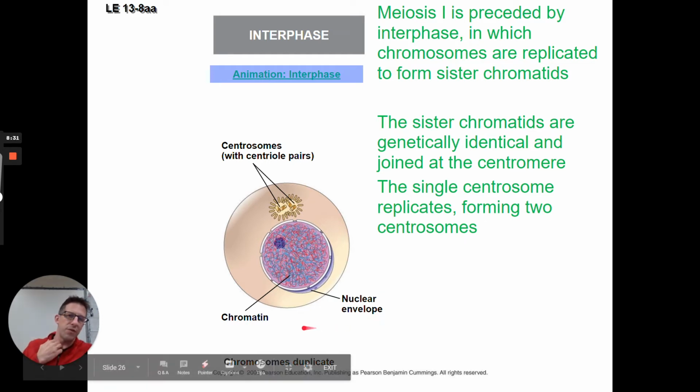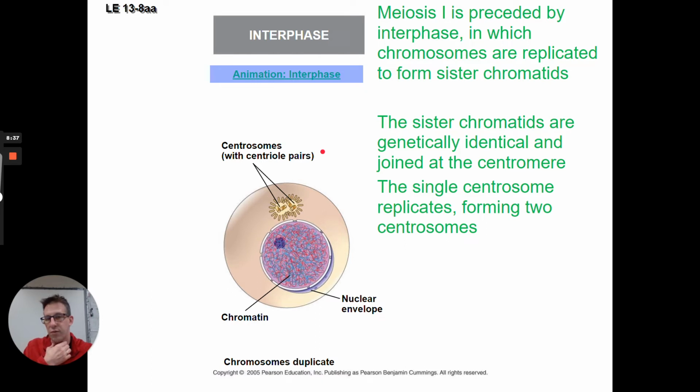The first thing we see is that the cells that are going to undergo meiosis go through interphase the same as any other cell, and during interphase they replicate their chromosomes, and so that's actually what's happened in this particular cell. We can't really tell because it just looks like a jumbled mess of chromatin, which it is.